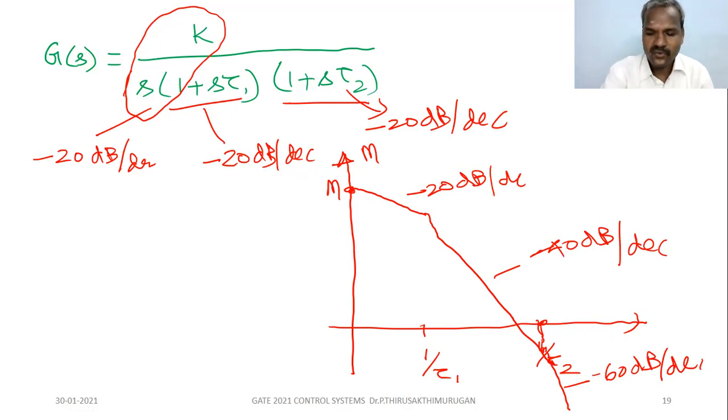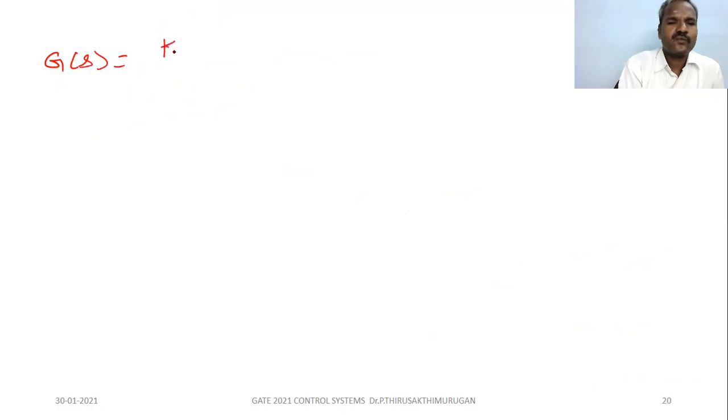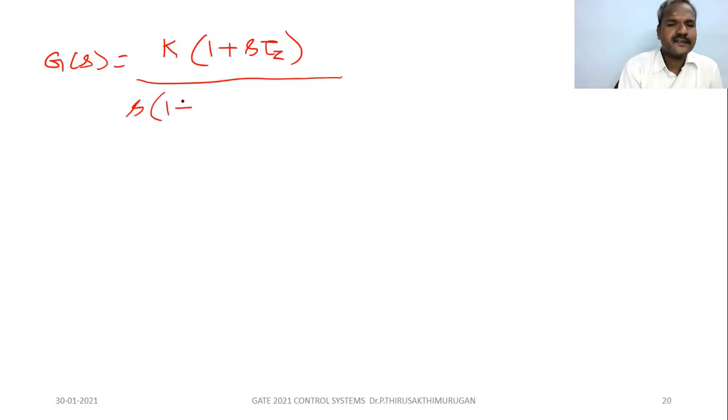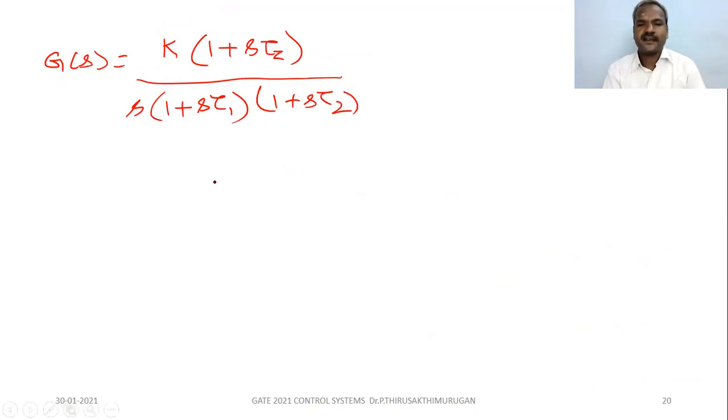Typical curve. Now I am going to take another standard transfer function, G of s equal to, we are adding a zero in the numerator, okay, K into 1 plus s tau z divided by s into 1 plus s tau 1, 1 plus s tau 2. Understand? So for this, what is the slope change?